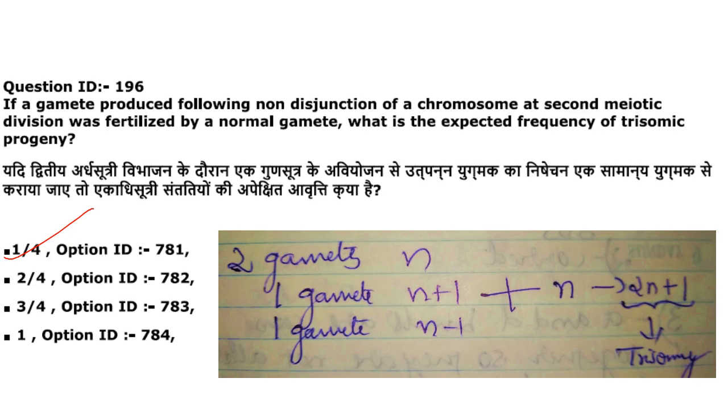You get two gametes that are N, one gamete that is N plus 1 and one gamete that is N minus 1. Now, what is the expected frequency of trisomic progeny if it was fertilized by a normal gamete? N plus 1 plus N will give you 2N plus 1, that is trisomy. So 1/4 of the individuals will be trisomic. So the answer here is option ID 781.